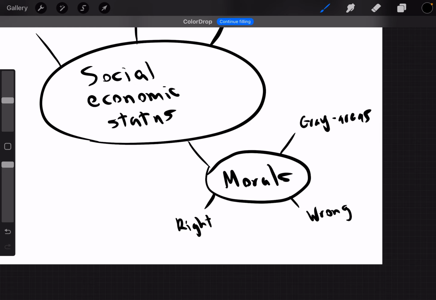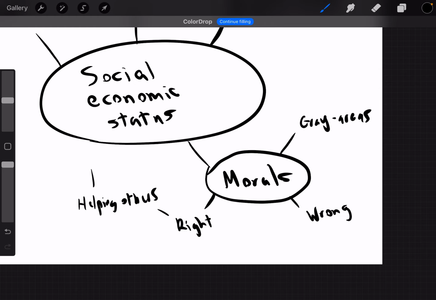Some people may think something's right, something's wrong. In terms of right, I can think about helping others. So maybe one of my pieces could be helping others in a certain way.